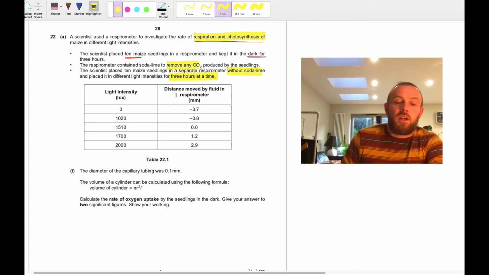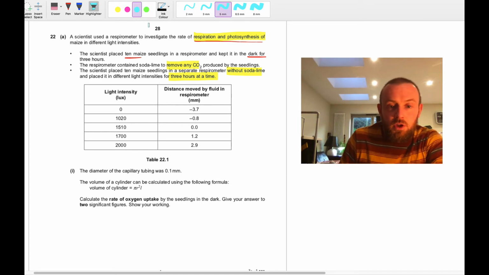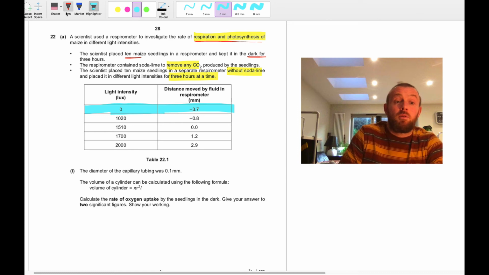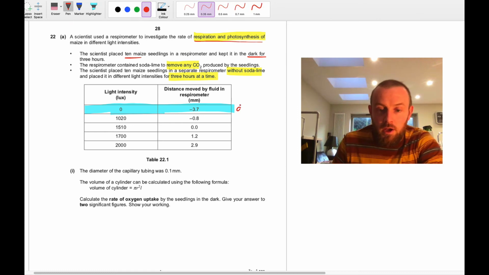Okay, so in this one here, this top one, this is in the dark with soda lime. So this is just the uptake of O2.